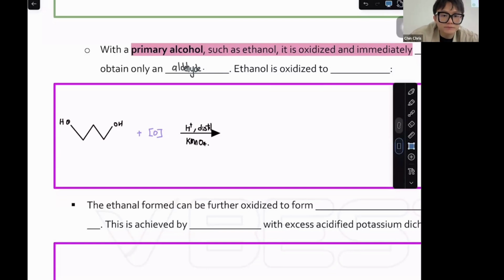Alright guys, draw it out. Ketone has the OH in the middle of the chain. Aldehyde, yes, correct, you are right. Ketone is a double bond O in the middle. Aldehyde is a double bond O at the end.